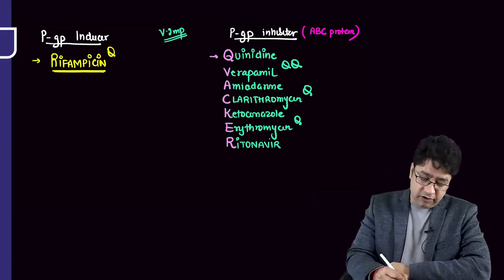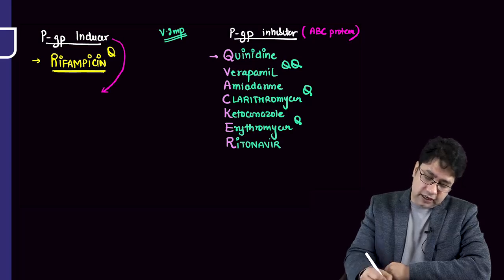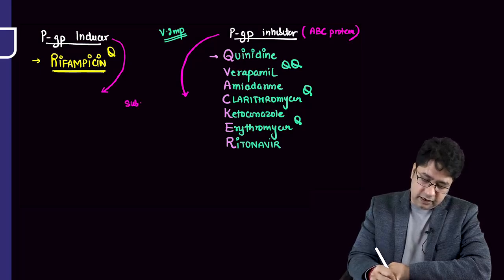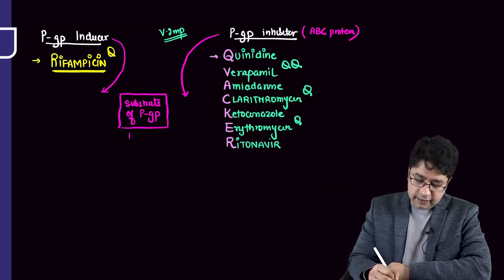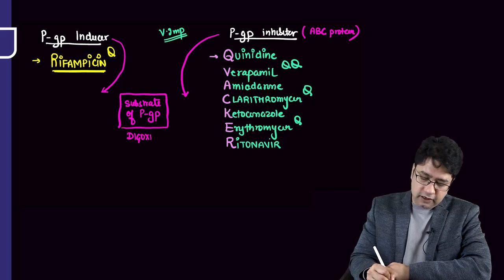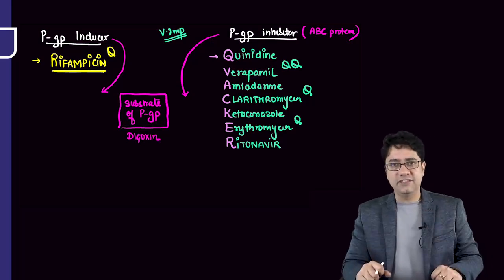Can we say if we combine inducers and inhibitors with substrates of P-glycoprotein, like digoxin, don't you think they will lead to drug interaction?